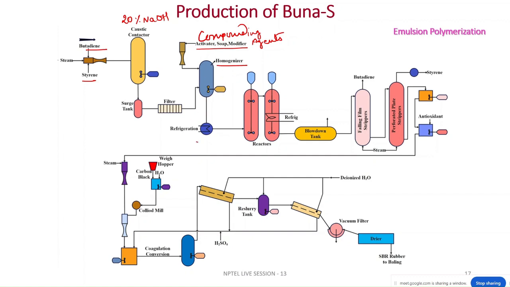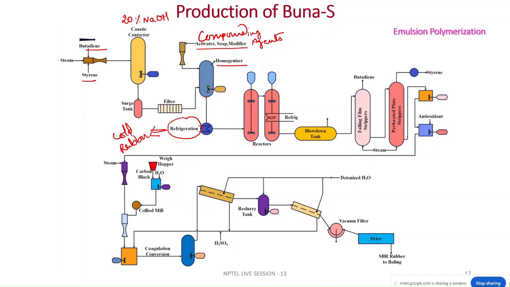Then it is passed through refrigeration. This is optional, because refrigeration is used for cooling and is only used for the cold rubber process. Otherwise, it can be bypassed.